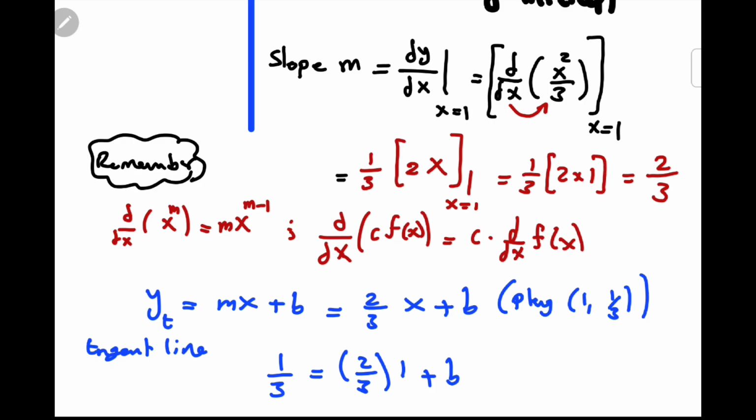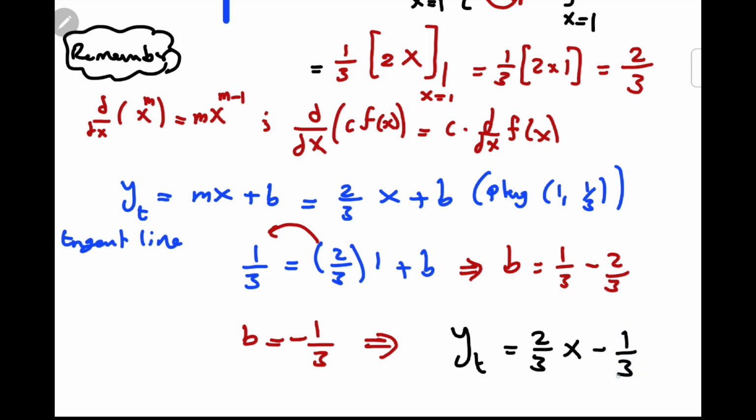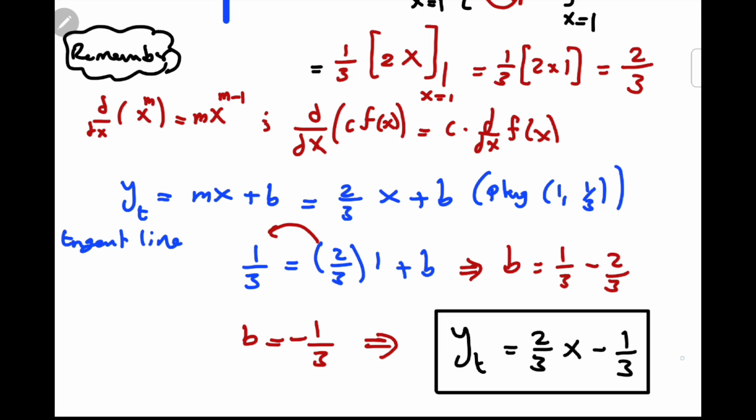So you can take this to the other side, and then you will have b equal to 1/3 minus 2/3. So b equal to minus 1/3. Therefore, the final equation yt is equal to 2/3 x minus 1/3. And that's the final answer.